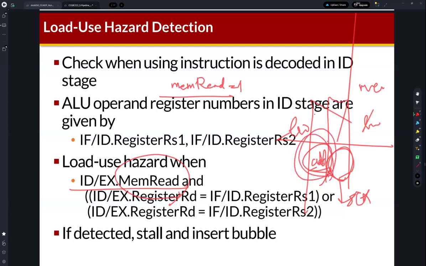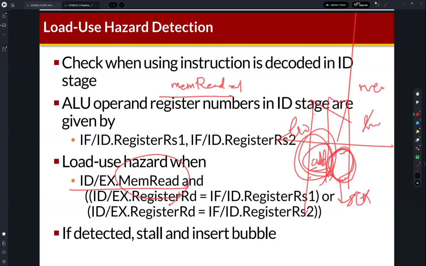It's no operation, right? So the add instruction stays in the ID stage, but how about the EX stage? The EX stage does not receive any instruction. What does that mean? It means the instruction in the EX stage becomes a no operation, because it does nothing, right?